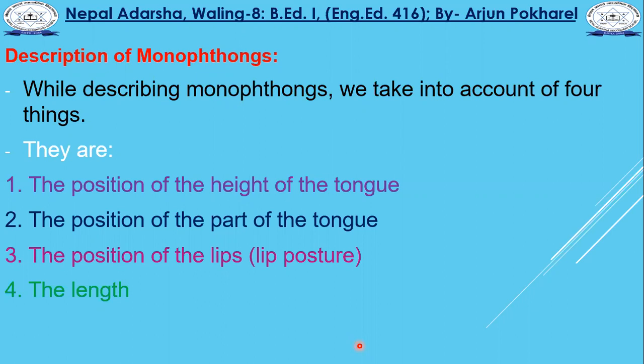In this way, we can describe monophthongs on the basis of these four different criteria: the height of the tongue, the part of the tongue, the lip position or lip posture, and the length. We describe them one by one below.